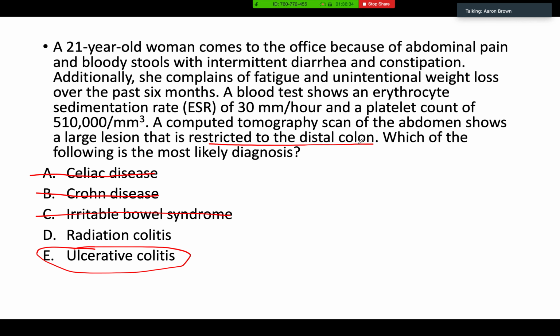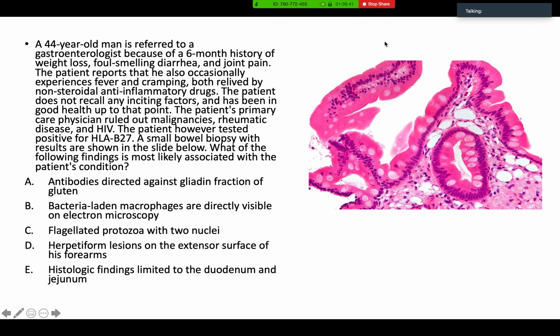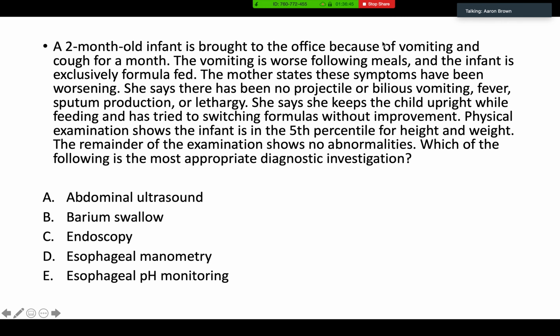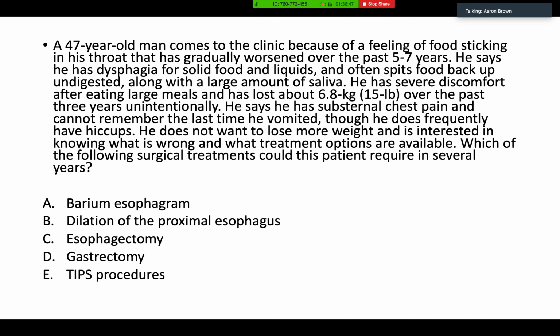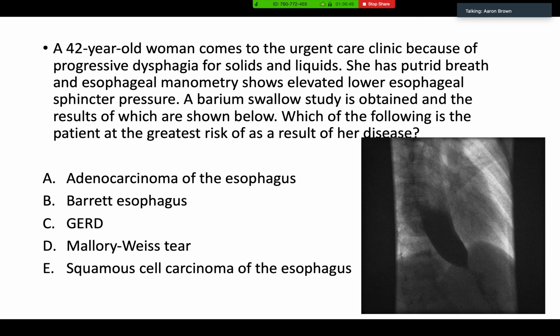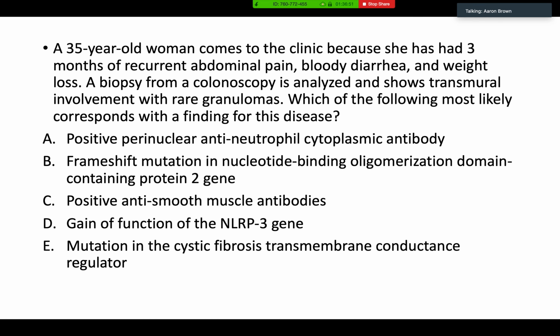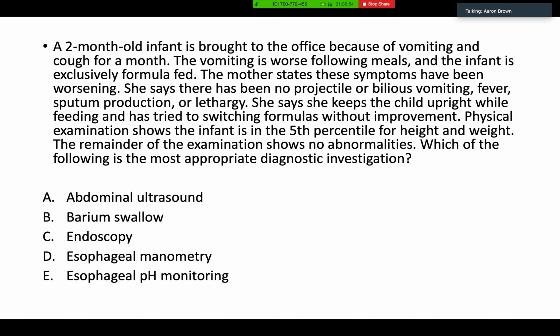Okay, great, excellent. And so that wraps us up for GI. And what fun it was doing GI. There are more questions on here. If you have time, you can go through these questions. Some of them are kind of fun, and we can talk about them together if you'd like. Do you want to do the rest of these questions, and then we'll just go through them quick at the start of the next session?